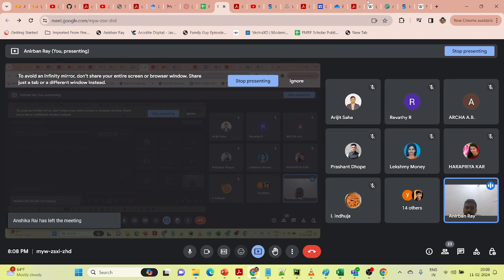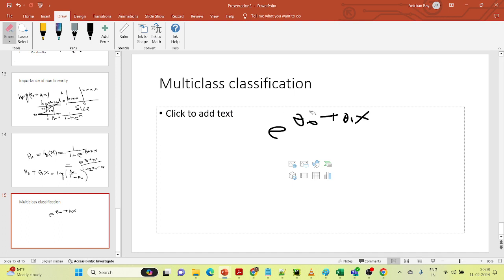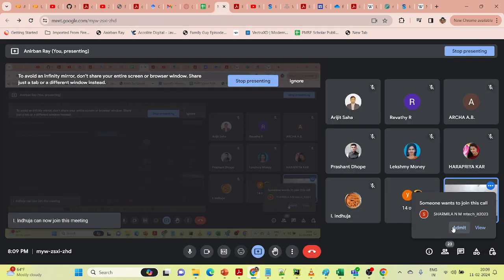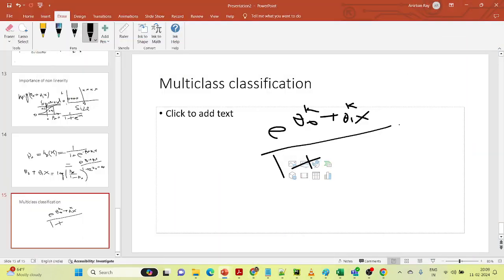In this they have used the class k. So k class, 1 plus the summation of this.